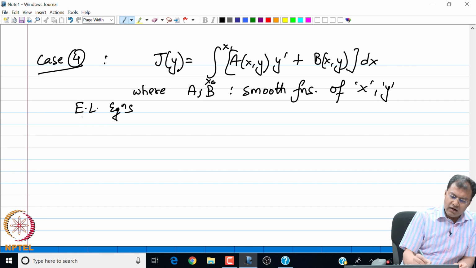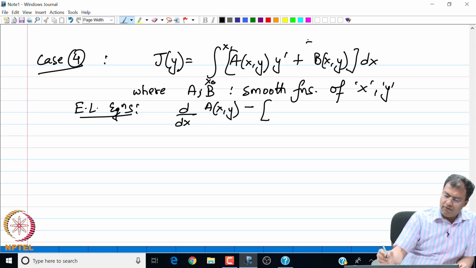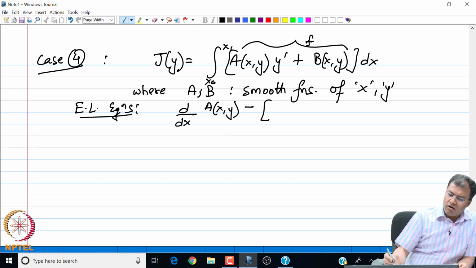So, let us now apply Euler-Lagrange. If we apply Euler-Lagrange equations, we see that the equation reduces to the following. Notice that there is just the linear dependence on y prime. So, my partial of f with respect to y prime will reduce to only this expression a. So, I get that d dx of a of x comma y minus the partial of f, this is my small f, the integrand.